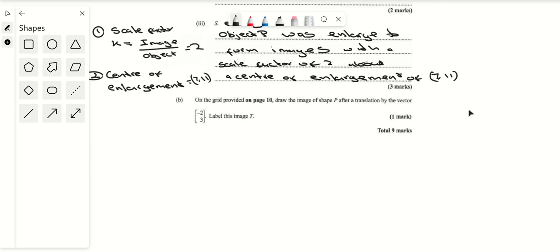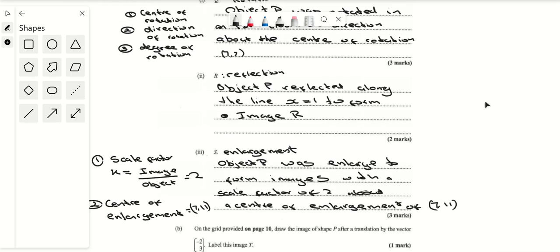The next thing we're going to do is, on the grid provided on page 10, draw the image of shape P after a translation by vector -2, 3, and label this image T. So translation means slide.